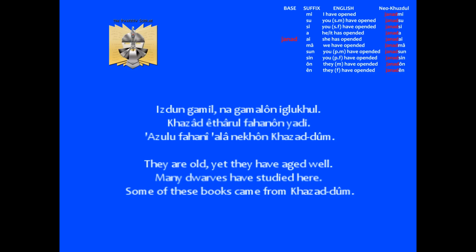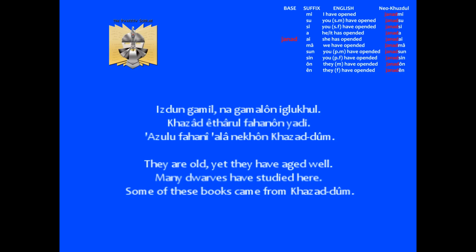Now let's try to focus on the essence of the lesson, which is the perfect form. The last line has another perfect form in it, which is nekhon. Another form with on, meaning they, masculine, logical, as we are still talking about those books. The base being nek and adding on. This is the first base form we'll see that isn't in the usual radical form, like Jannat or Gamal.